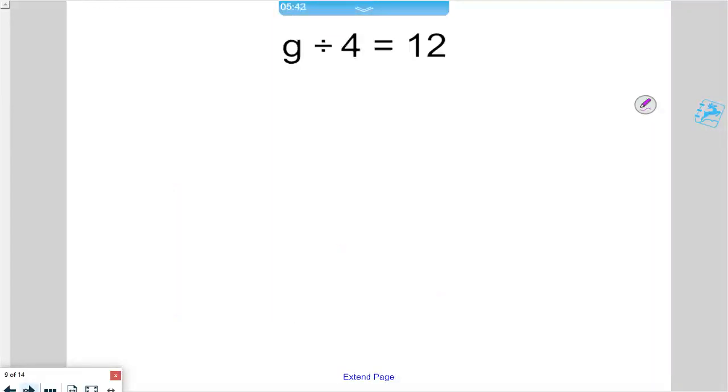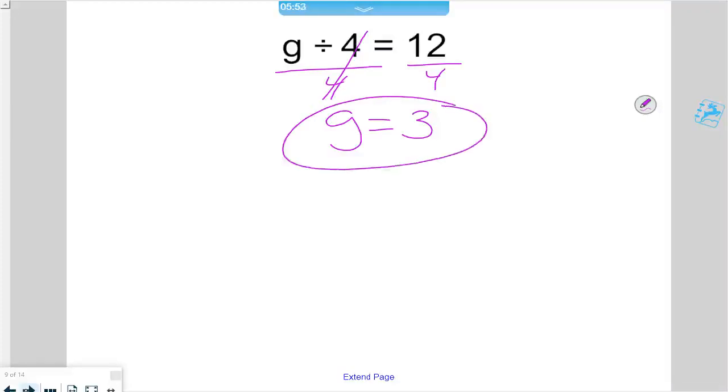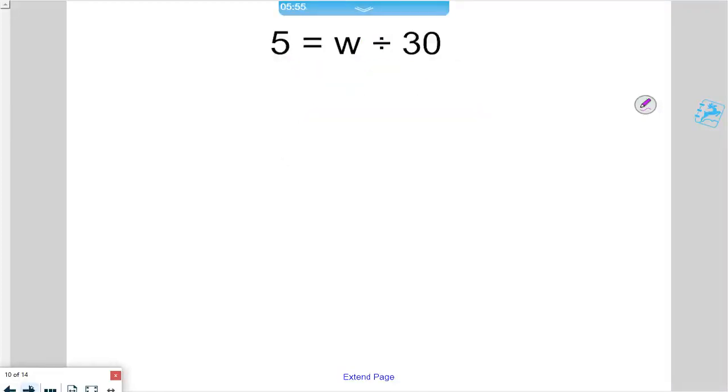G divided by 4 equals 12. Multiply by 4. G equals 12 times 4 is 48. 5 equals W divided by 30. So we're going to multiply by 30, which leaves us with W. We're going to multiply by 30, which gives us 150.